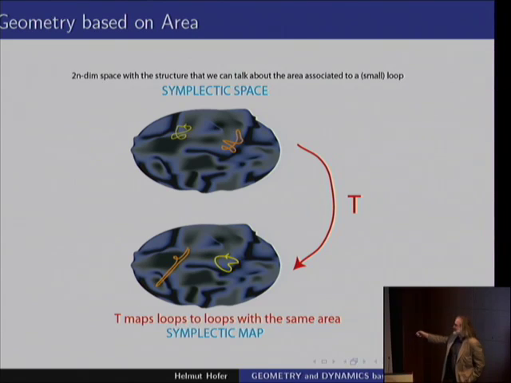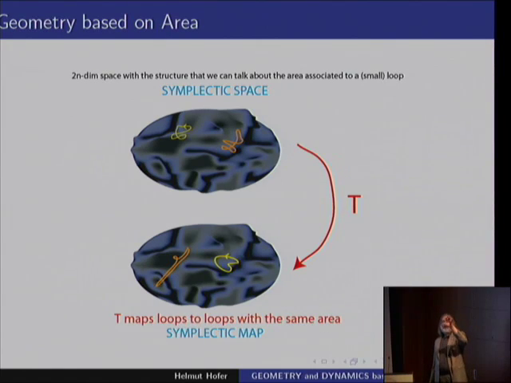So now you look at transformations, maps, input-output machines from this space into itself, which map, of course, such a machine will map. If you feed in all the states on this curve into the machine, you get out another curve. And the only thing you require for this machine is that the area of the input loop is the same as the area of the output loop. Yeah?